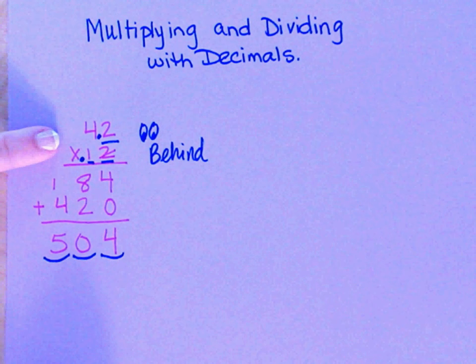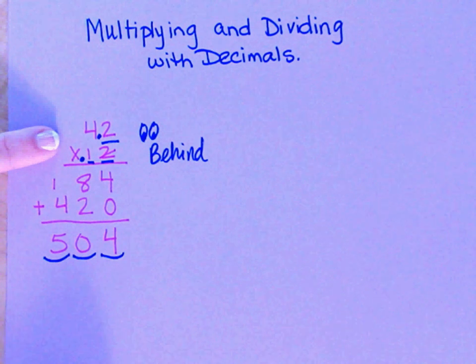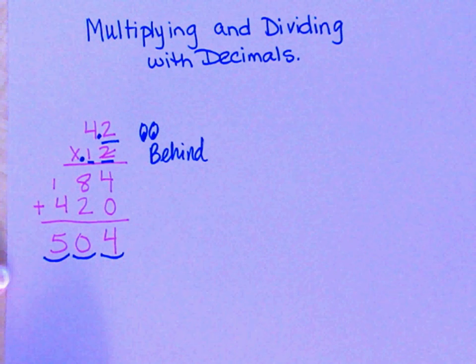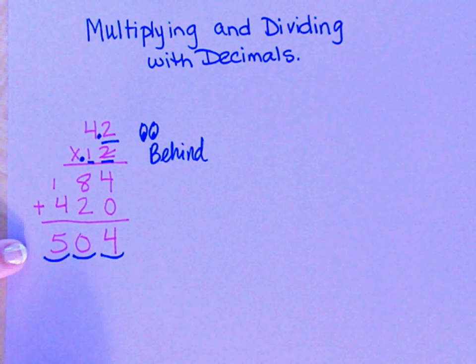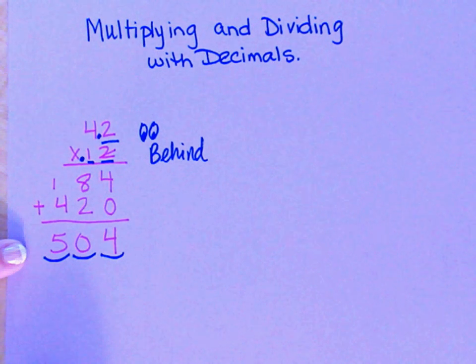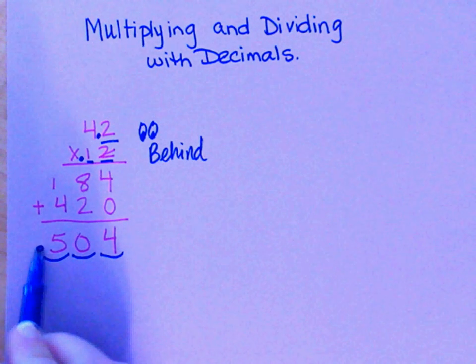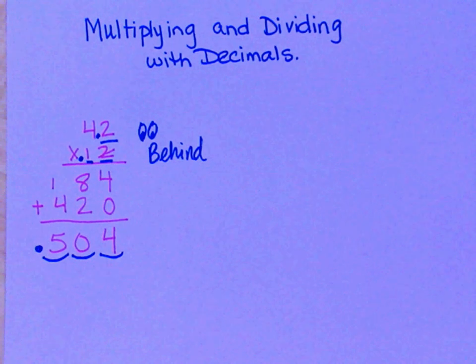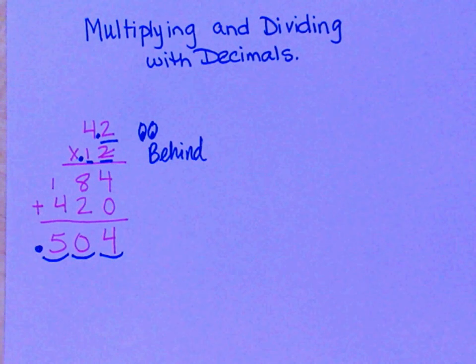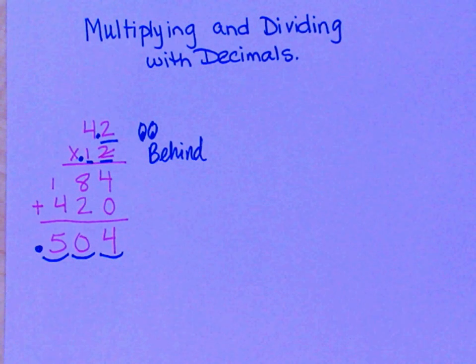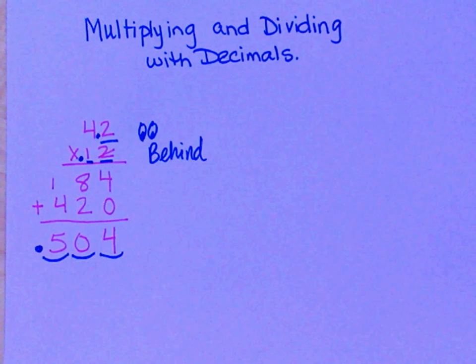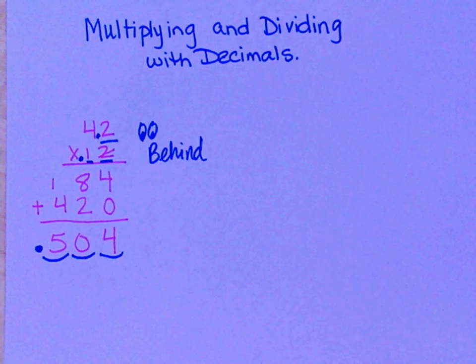If there are 3 values behind the decimal in the problem, then there would be 3 values behind the decimal in the answer. So then my decimal point would come in front of the 5, and we would read the number 504 thousandths.